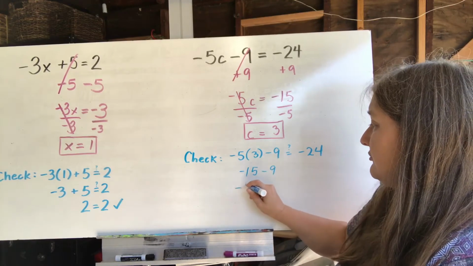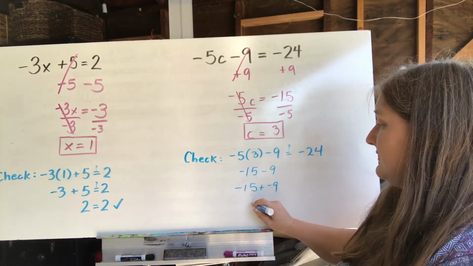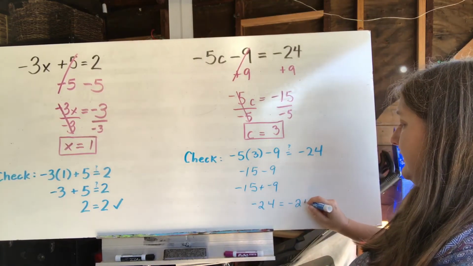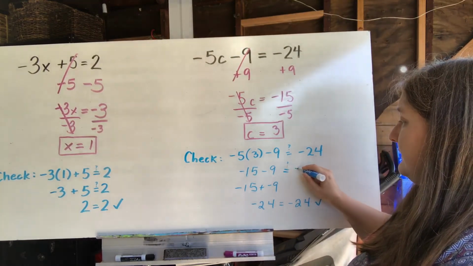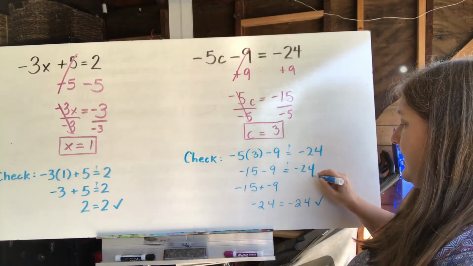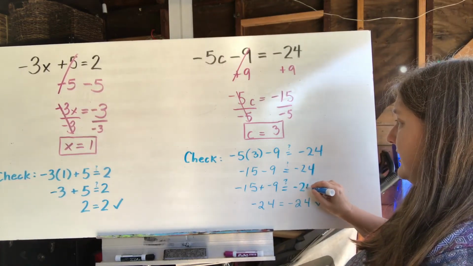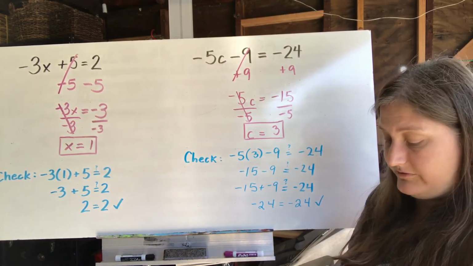I'm going to change this to negative 15 plus negative 9, which does in fact give me negative 24. So the answer I wanted checks out. All along, I was hoping for this answer of negative 24, and in the end, that's the answer I got. So 3 is my solution for c.